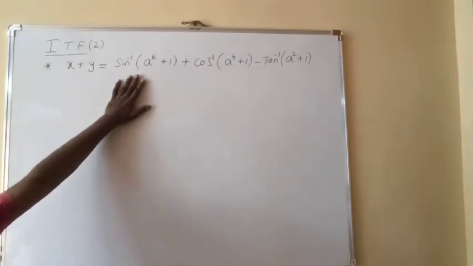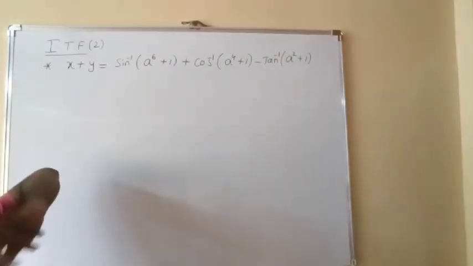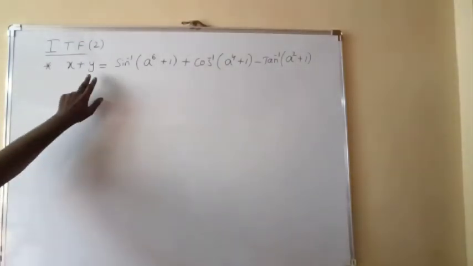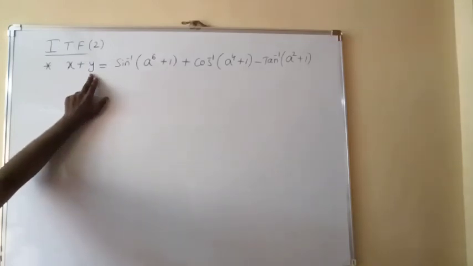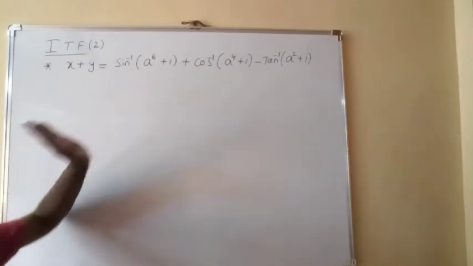To get the image of any straight line with respect to the x-axis, if it is not passing through the origin, just replace y by minus y. If it is passing through the origin, then it is itself only. Suppose this equation is ax plus by is equal to c.